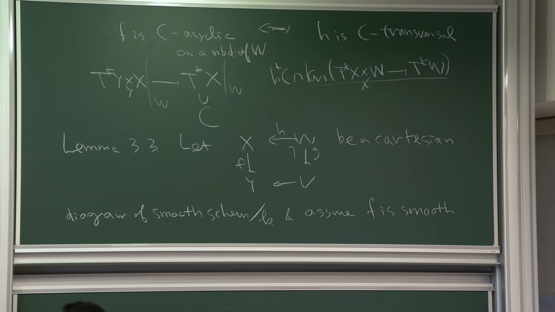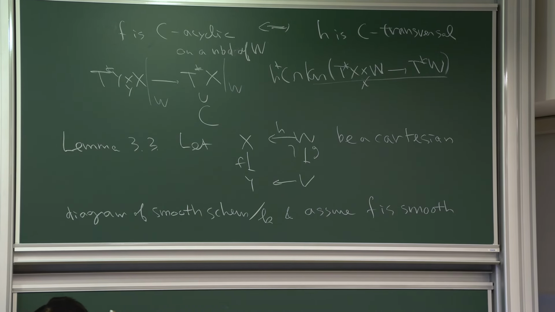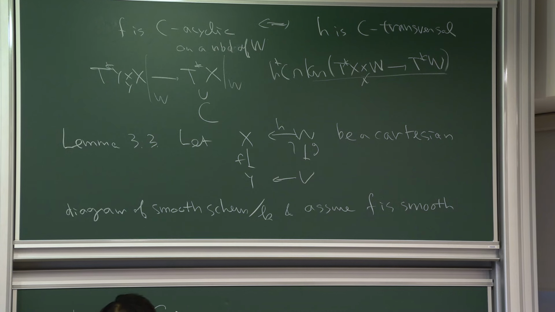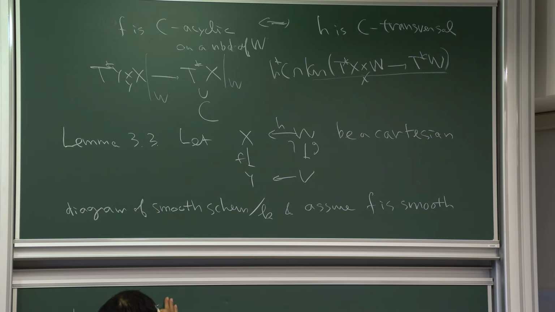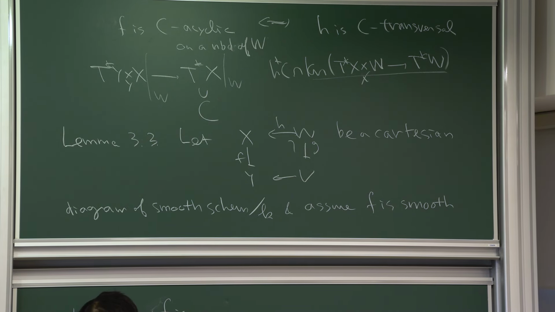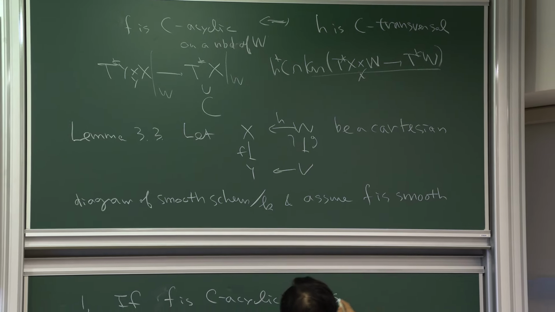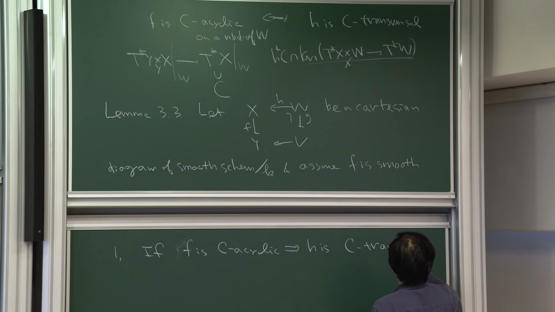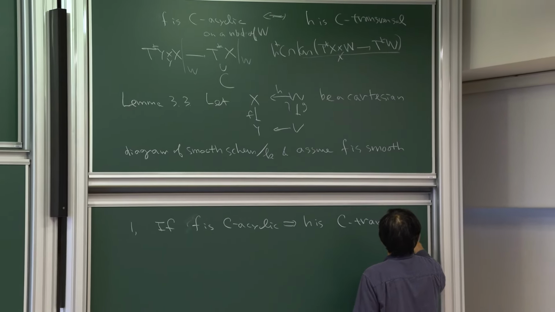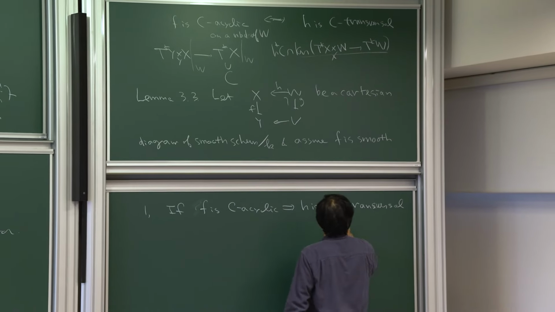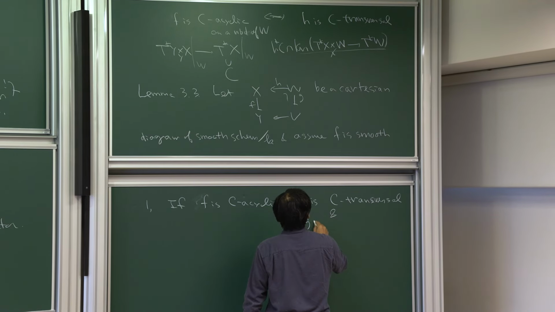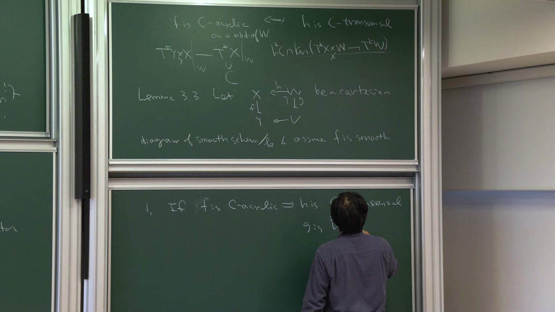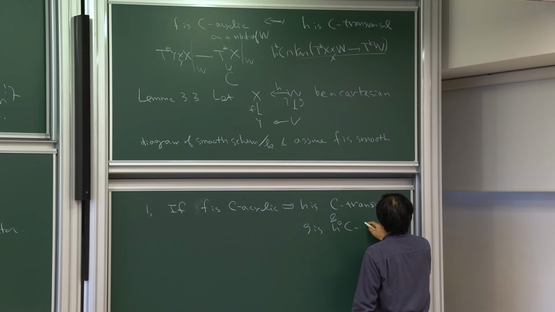Okay, then the first claim is that if F is C acyclic, then H is C transversal, and G is H0C acyclic.